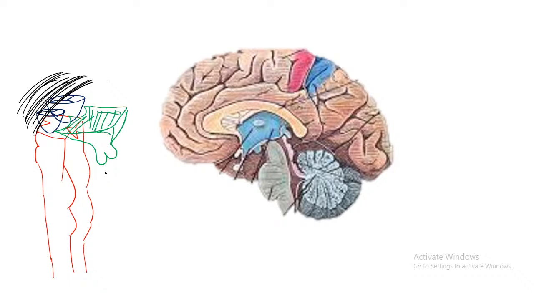What is this structure that I have drawn over here? The roof-like structure. What will be the roof? Corpus callosum. Very good. This is known as the corpus callosum.